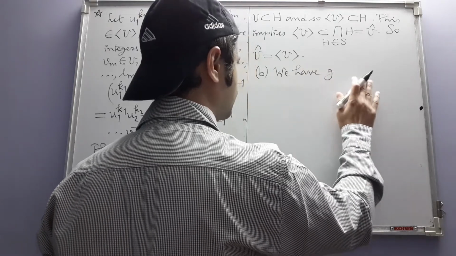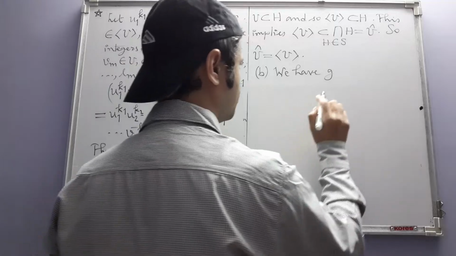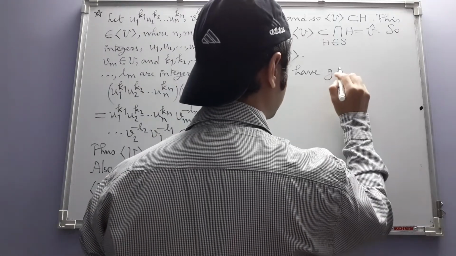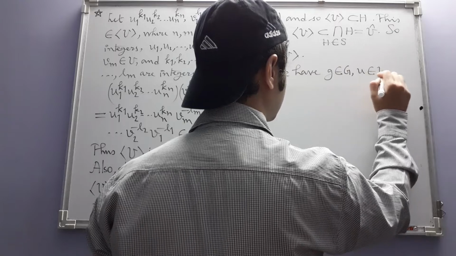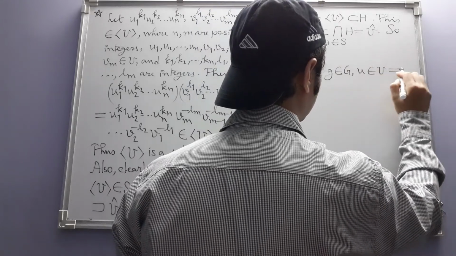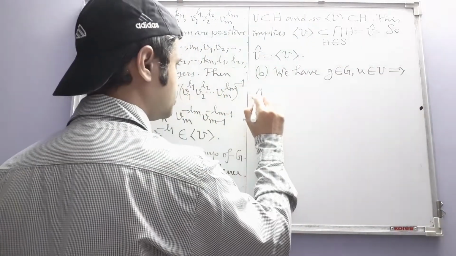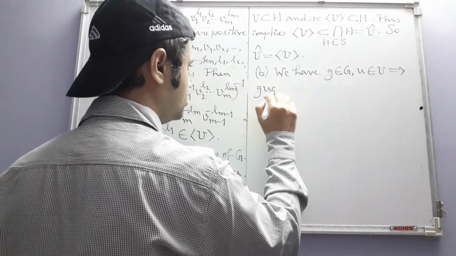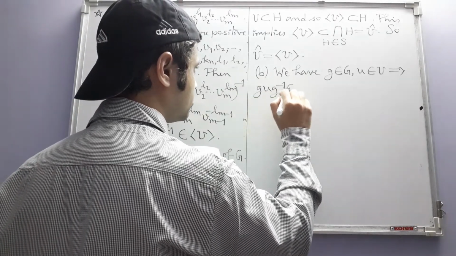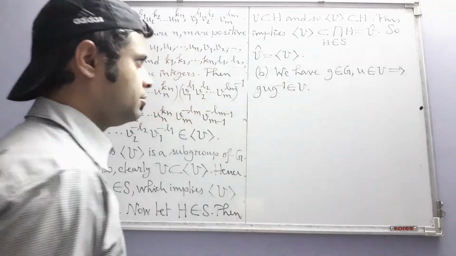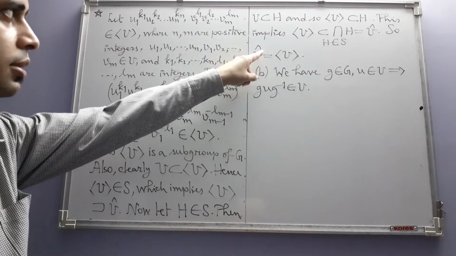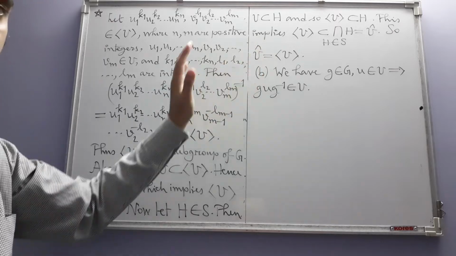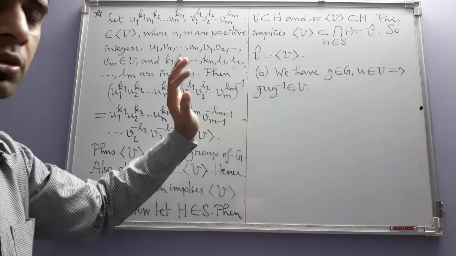We will write the condition but in a slightly different manner, as an implication. If g belongs to G and u belongs to U, then this implies gug inverse belongs to U. Our aim is to show that the subgroup generated by U is a normal subgroup of G if this condition is true.